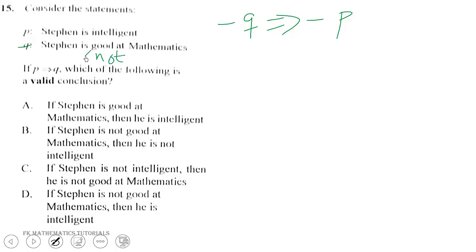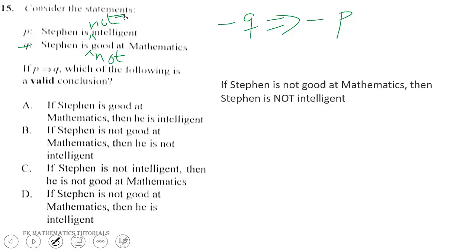The negation of P means Stephen is not intelligent. So negation of Q implies negation of P means if Stephen is not good at mathematics, then Stephen is not intelligent. So the correct answer is D.